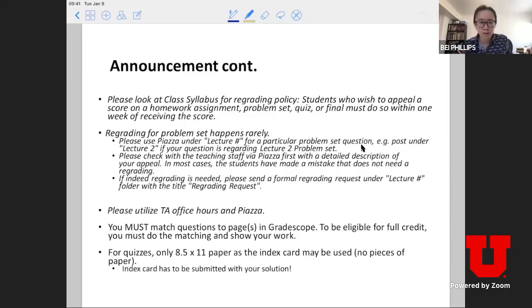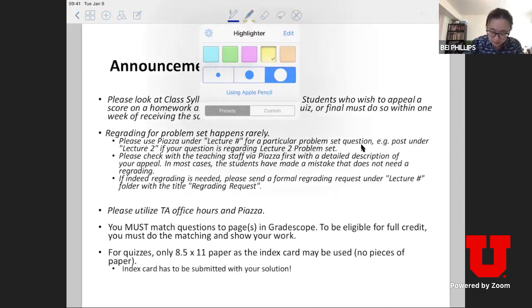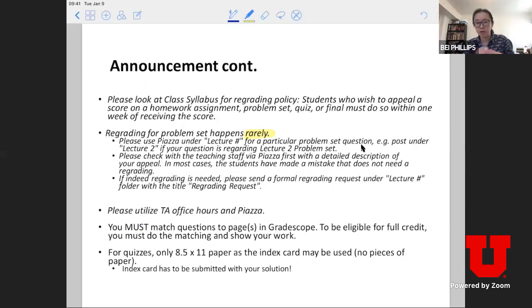Of course, read the syllabus carefully, but what we're saying here is that if you want to potentially consider a regrading for the problem set on Canvas, first of all, this happens very rarely. Majority of the cases when you think your solution is graded wrong is because there's a misunderstanding of the problem or your solution is indeed incorrect.